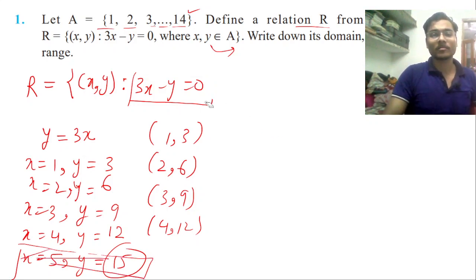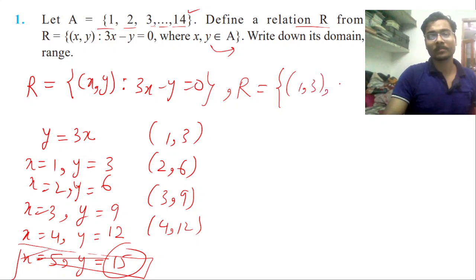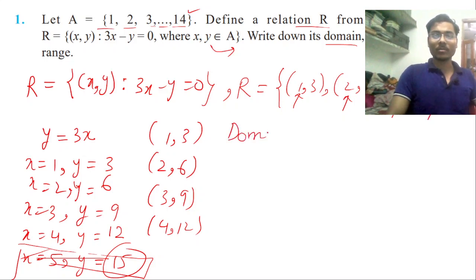So we found the relation set, which is (1, 3), (2, 6), (3, 9) and (4, 12). Okay, so what is domain? Domain is the first element of the relation, so these are the domain.